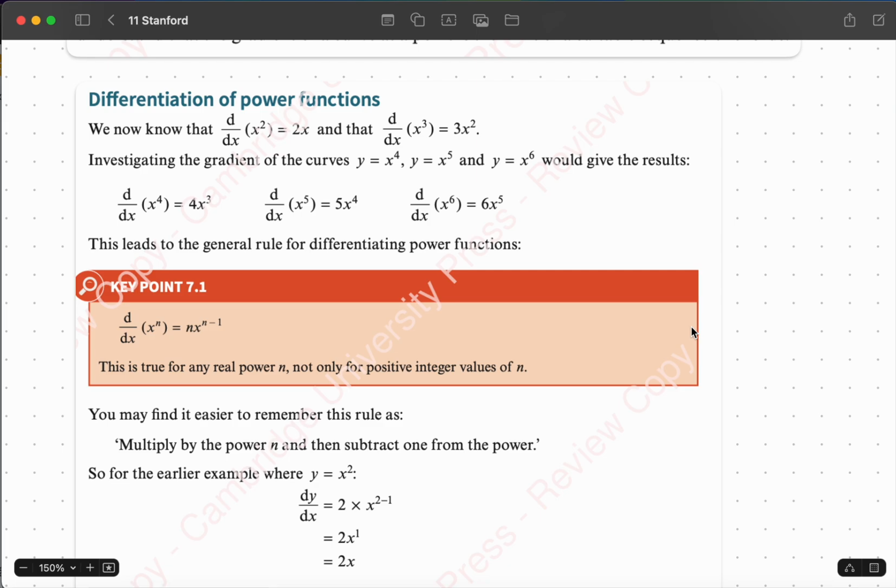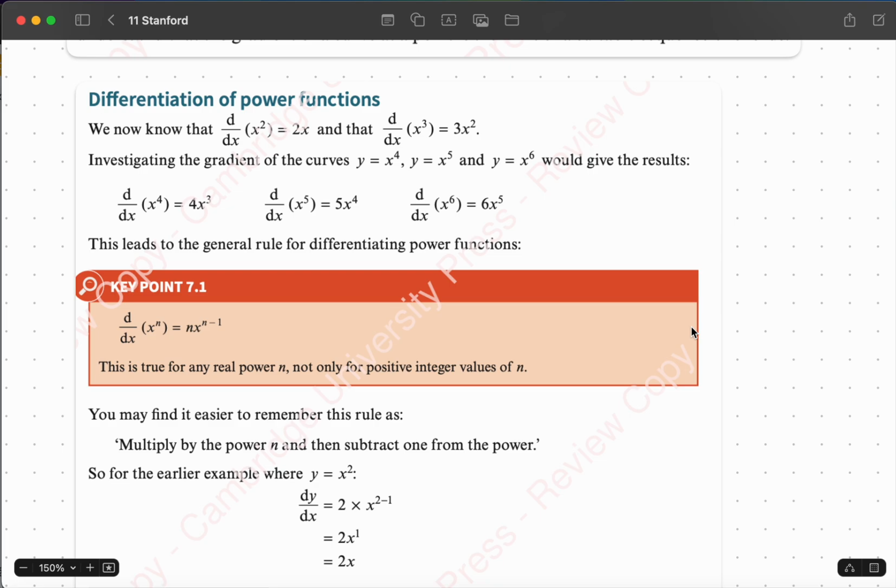So we learned that d over dx of x squared is 2x, and that d over dx of x cubed is 3x squared. Now, investigating the gradient of the curves y equals x to the power of 4, y equals x to the power of 5, and y equals x to the power of 6 would give results like this.